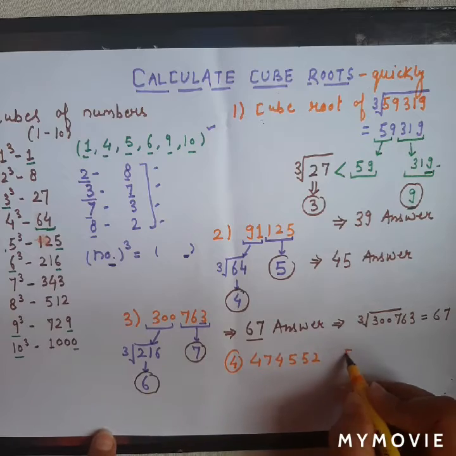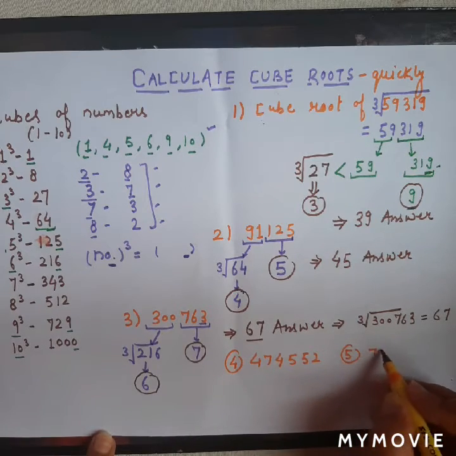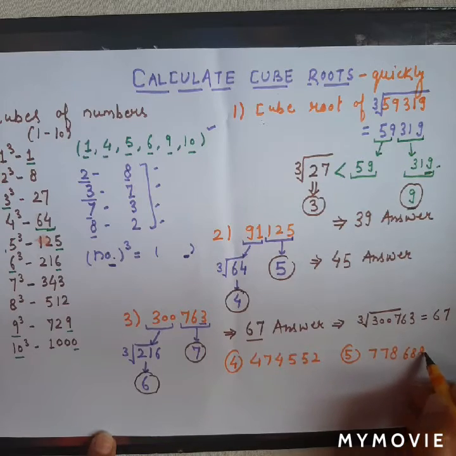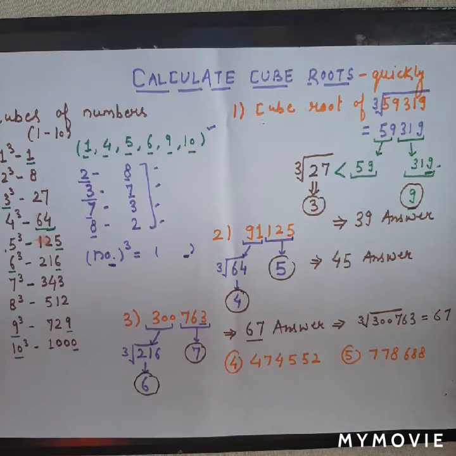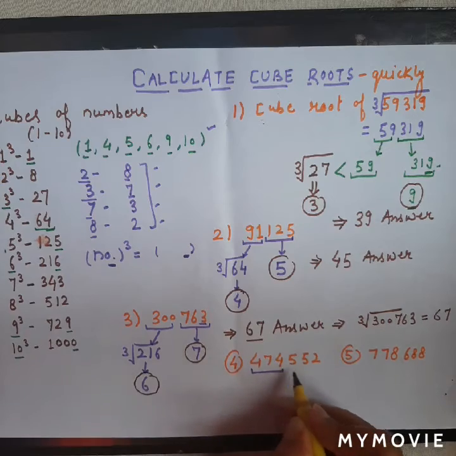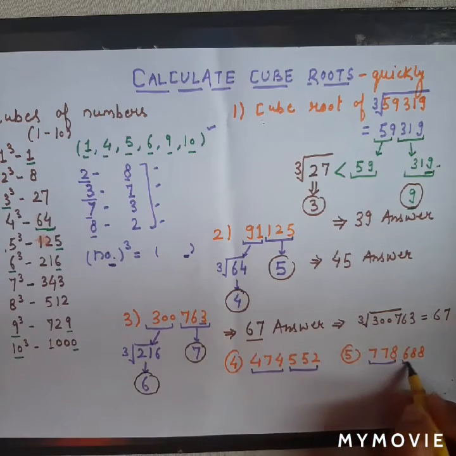Next question is 778688. And as you already know how to solve these questions, we will separate these numbers in this way.